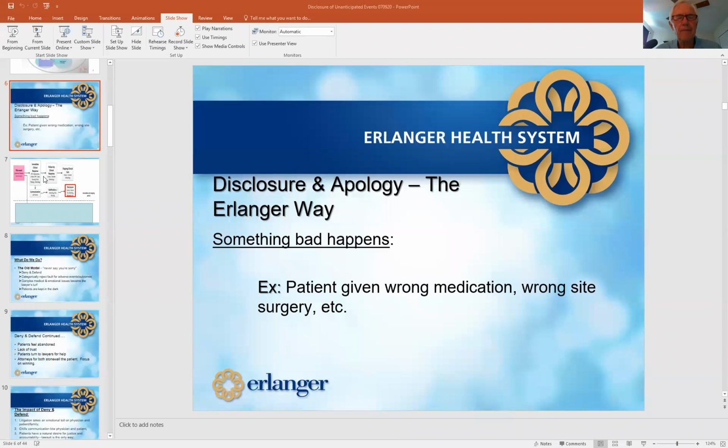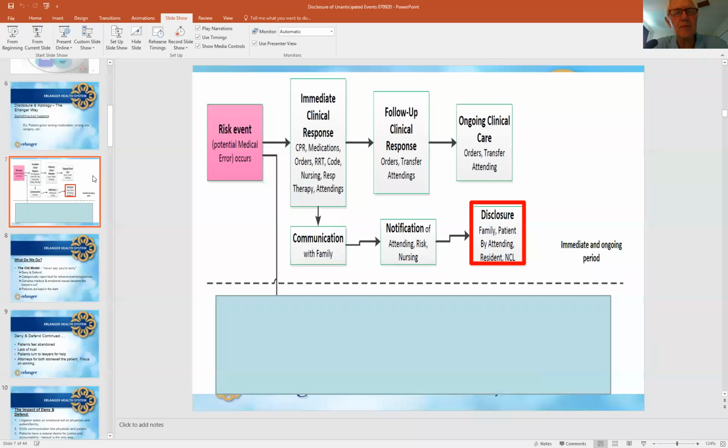Next slide. So as residents and fellows, when you think about an event happens where there may be a medical error, what is your immediate response? What is your immediate responsibility?